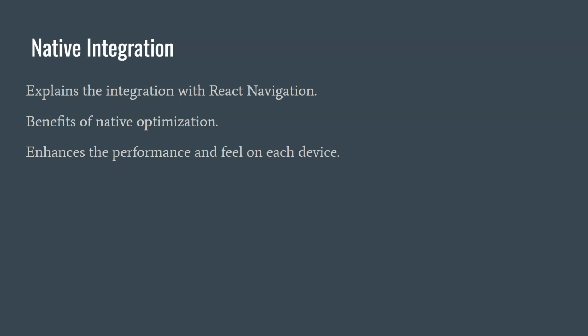By utilizing React Navigation, Expo Router will perform optimally and also take advantage of platform-specific features and optimizations. This native integration ensures that users have a smooth and responsive experience.